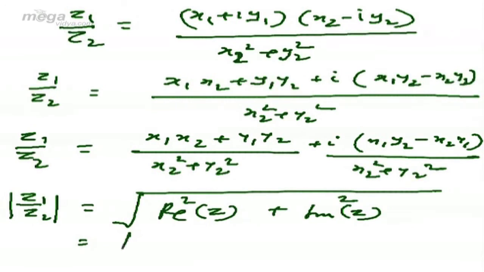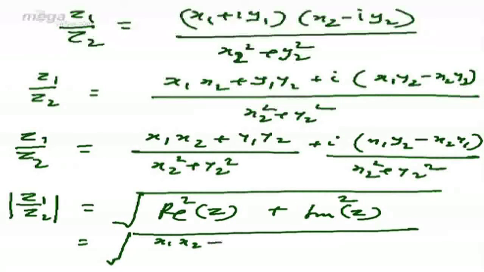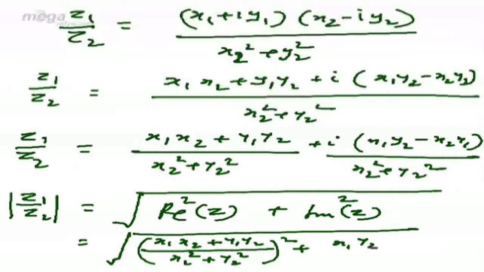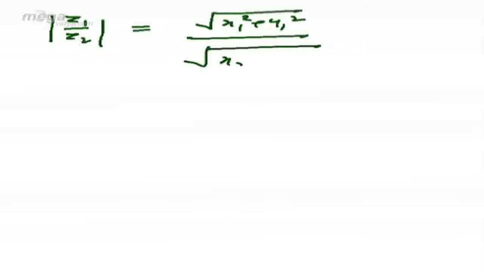So this will become x1 x2 plus y1 y2 upon x2 square plus y2 square whole square plus x1 y2 minus x2 y1 divided by x2 square plus y2 square whole power 2. By solving it, we will get root of x1 square plus y1 square in the numerator and in denominator x2 square plus y2 square. So it will become mod of z1 by mod of z2.